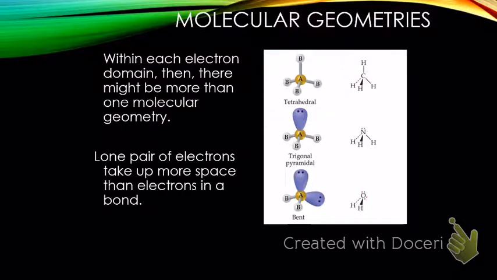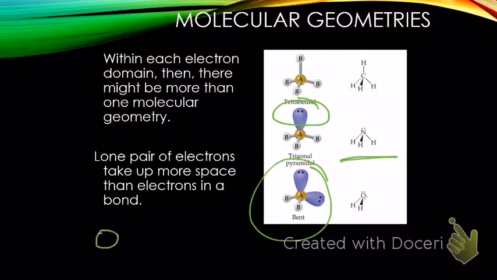However, if we have a set of lone pair electrons, it's not. It's trigonal pyramidal. If we have 2 sets of lone pair electrons, it's called bent, which is like water. So I like to draw water out this way. It's a little easier to see. That's bent.